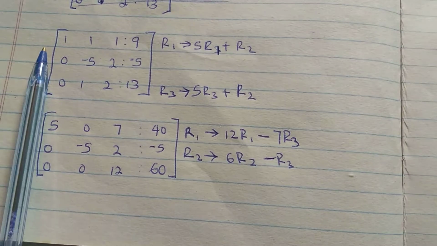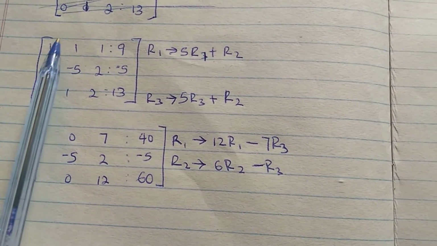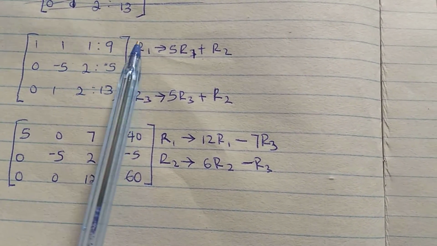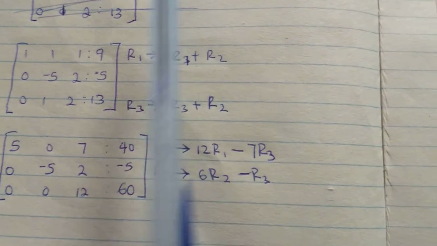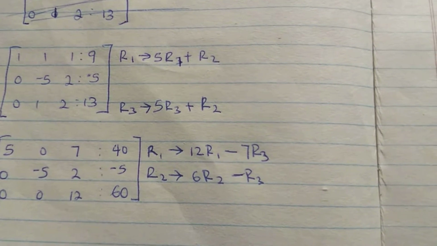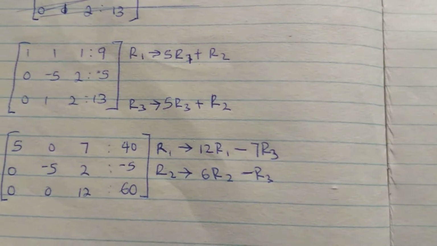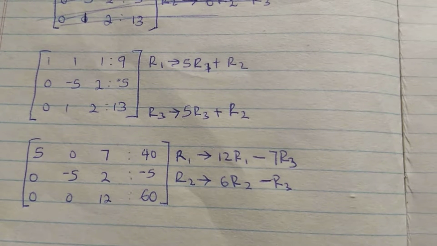As we see in this next step, these ones are going to remain. Depending on what we have done, this one has turned into a 0, and the next one has also turned into a 0.